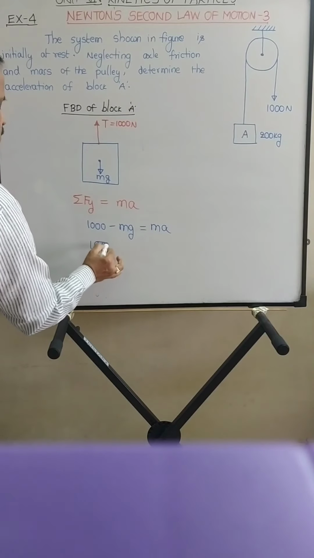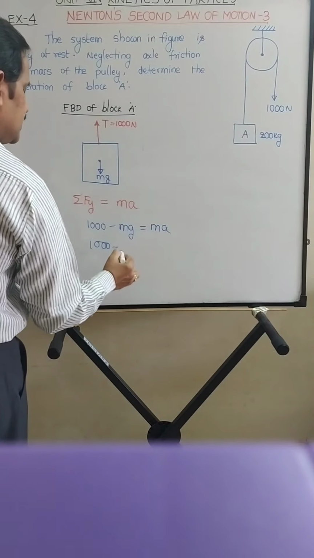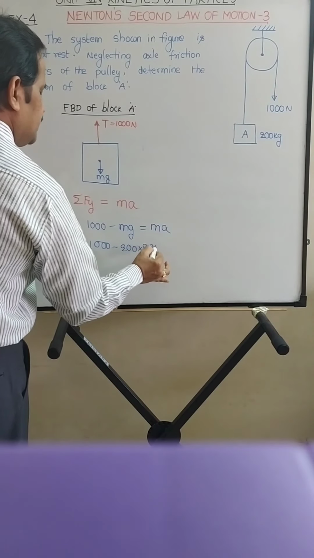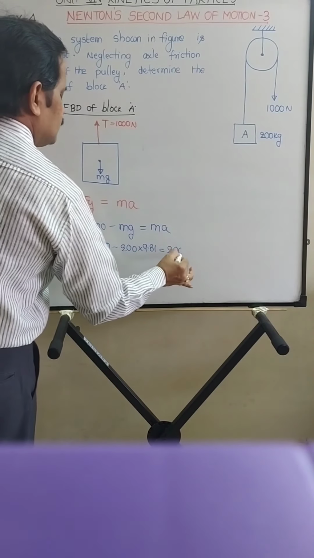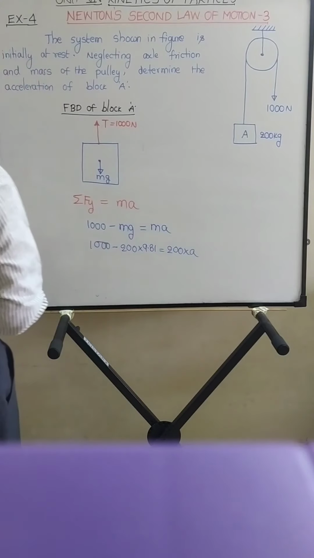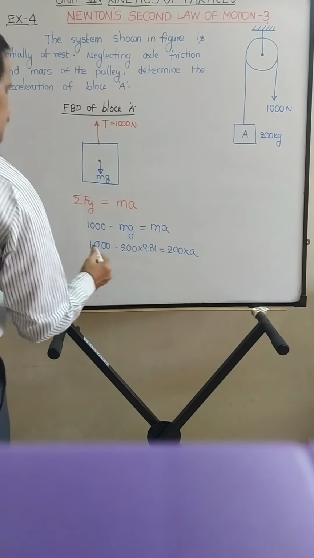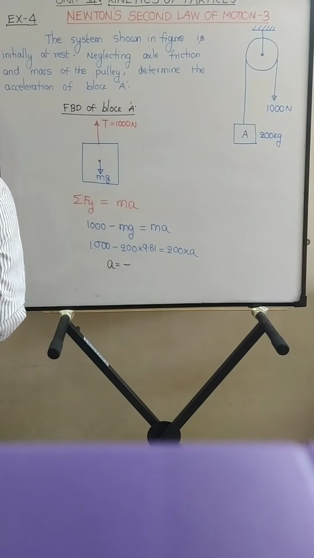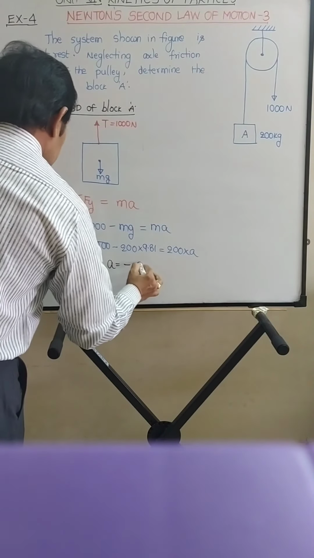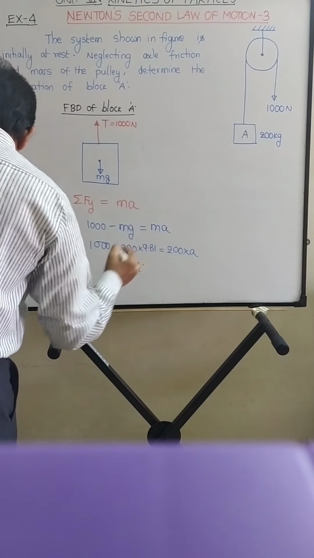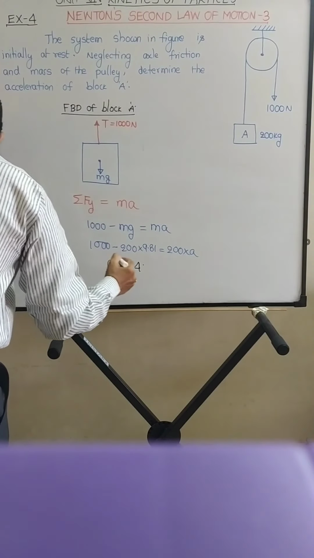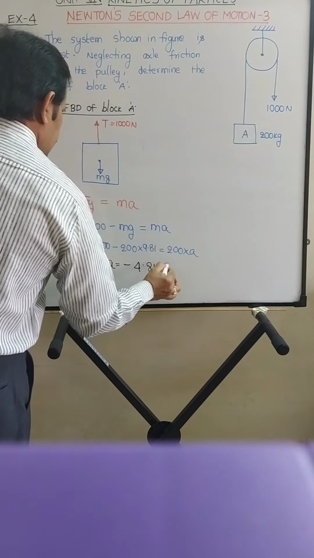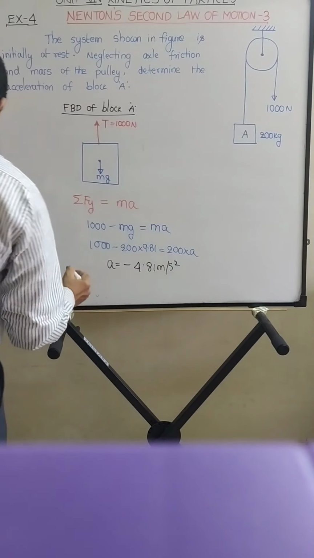So it is 1000 minus mass of the block, given 200 kg, 200 into 9.81 is equal to 200 into a. So solving this equation, you get a is equal to minus 4.81 meters per second squared.